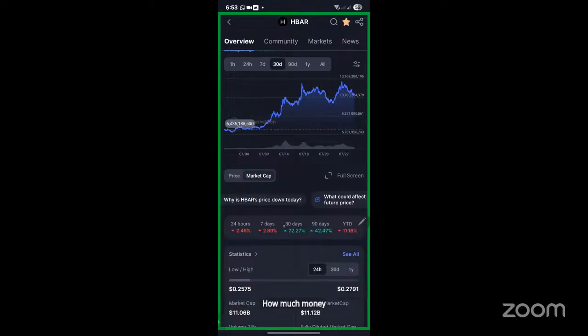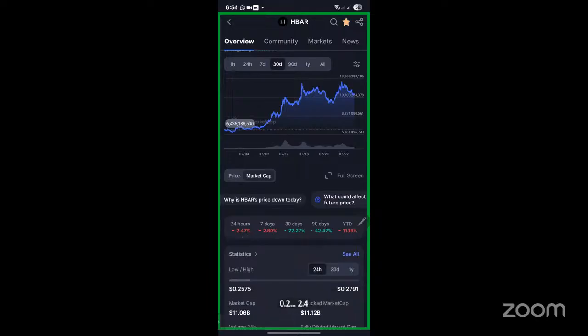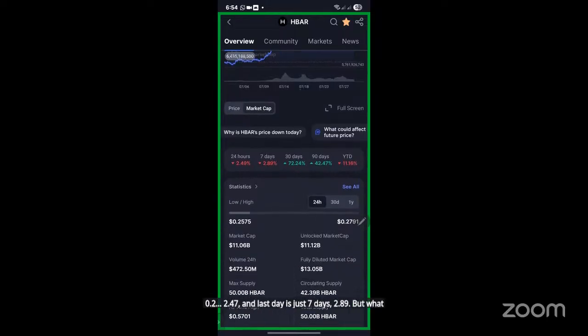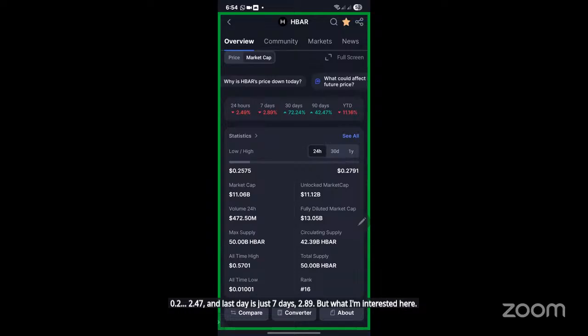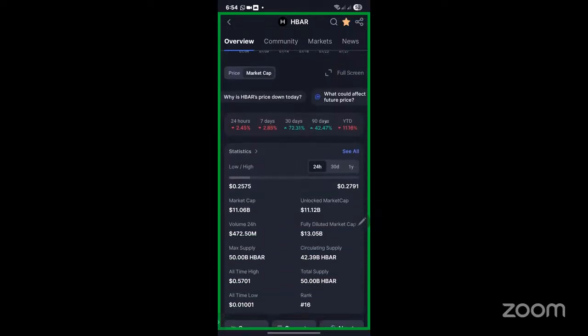In the last 24 hours it has dropped by 2.47, and over 7 days, 2.89. But what I'm most interested in here is its market cap. Yes, it is a big coin to trade, 11 billion. Its number on CoinMarketCap is very crucial.